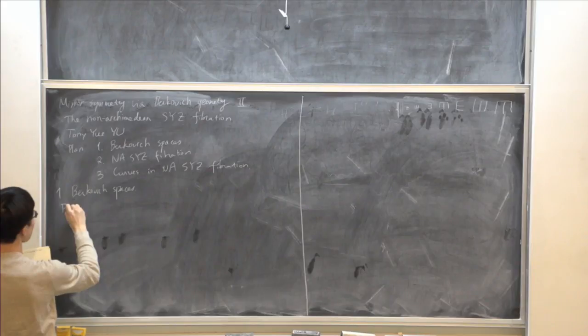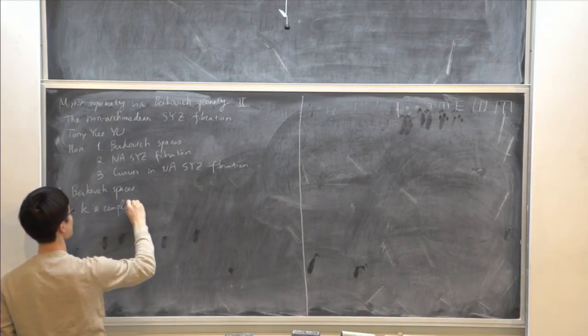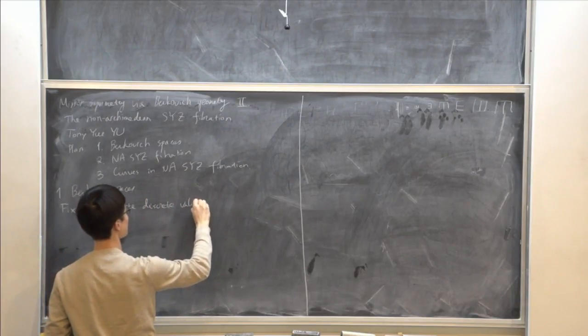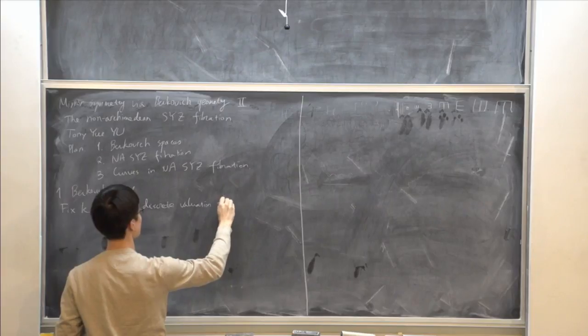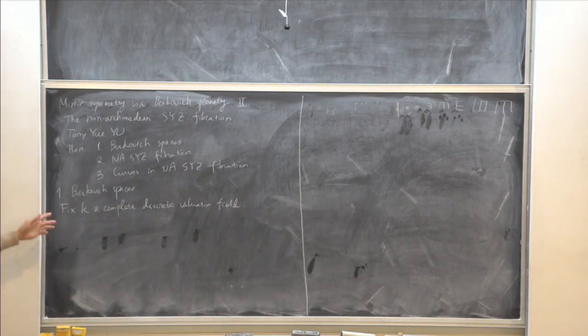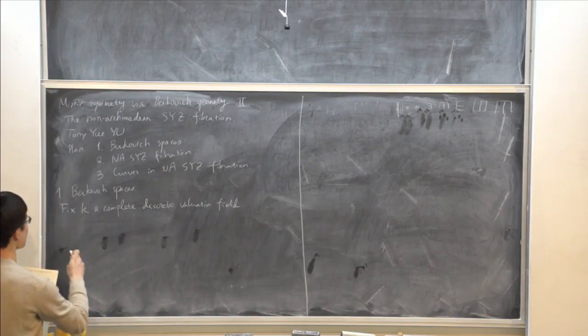We fix K, a complete discrete valuation field. The theory works also in the non-discrete valued case, but due to time constraints, let's restrict to the discrete valued case.